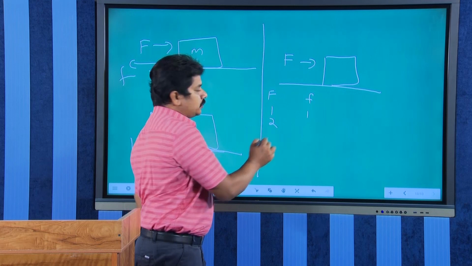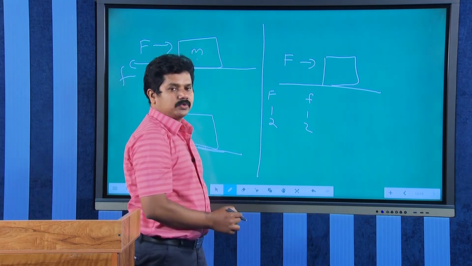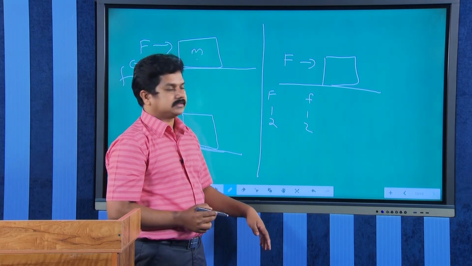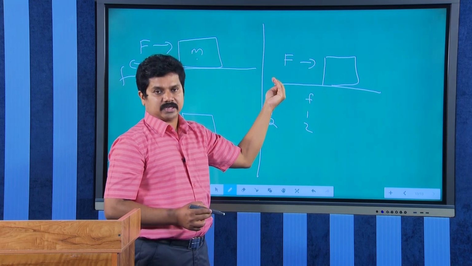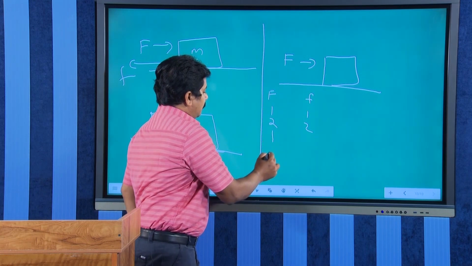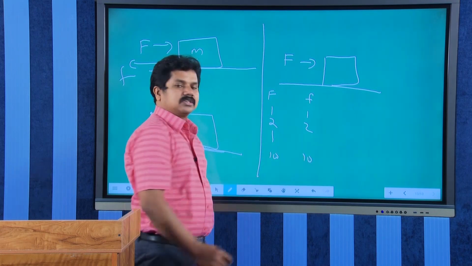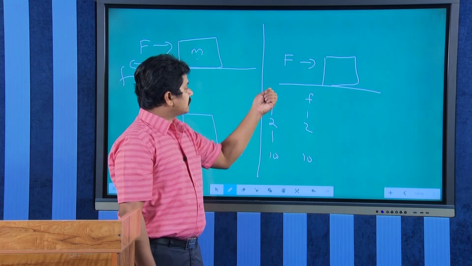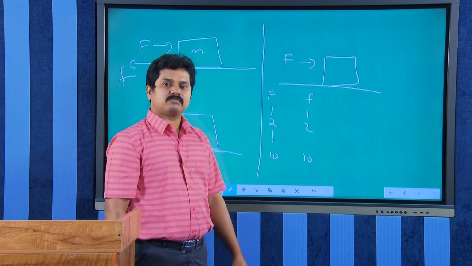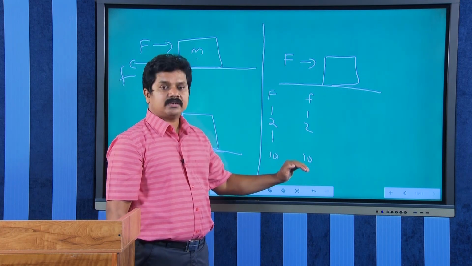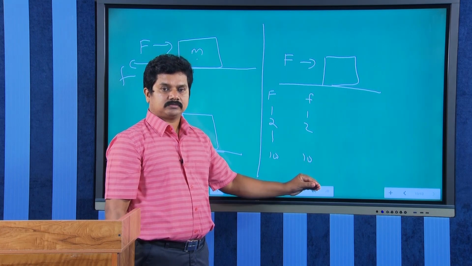If you increase to 2 Newton, this also becomes 2 Newton. These two get cancelled, meaning the applied force is in this direction, and friction is in the opposite direction. Up to 10 Newton, the friction also will be 10 Newton. If you slightly increase the force beyond 10, suddenly the block starts moving, and after that friction remains constant.